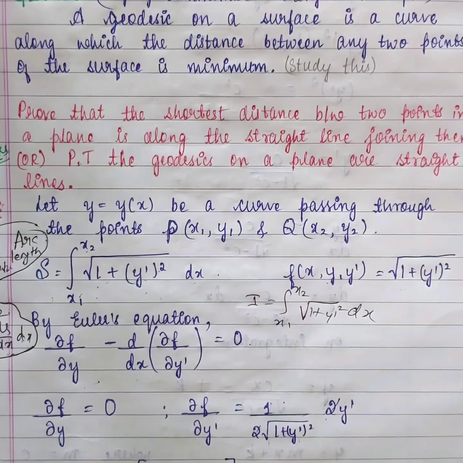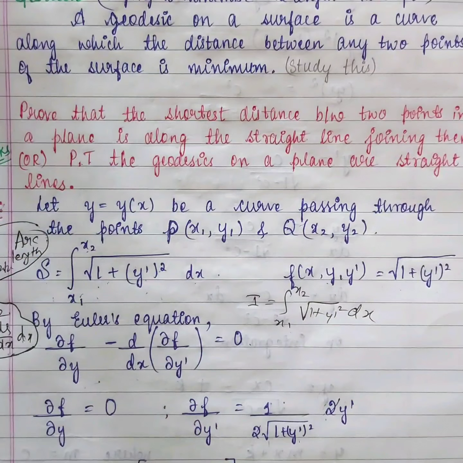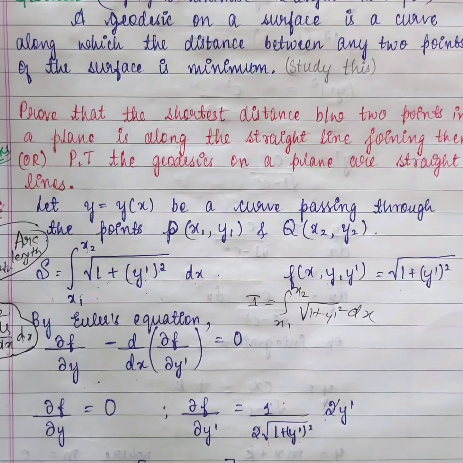Now we have to find the extremum, which means it should satisfy Euler's equation. So del f by del y minus d by dx of del f by del y dash is equal to 0. And this has no y here, so everything is just a constant. So if I differentiate, I will get del f by del y is 0.